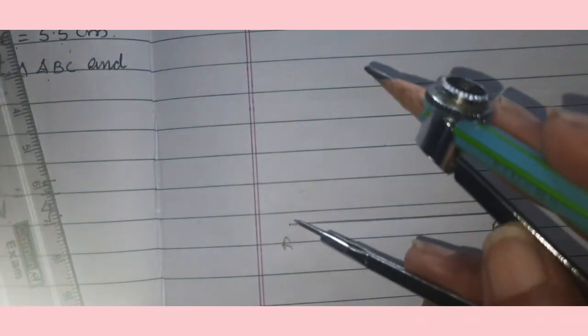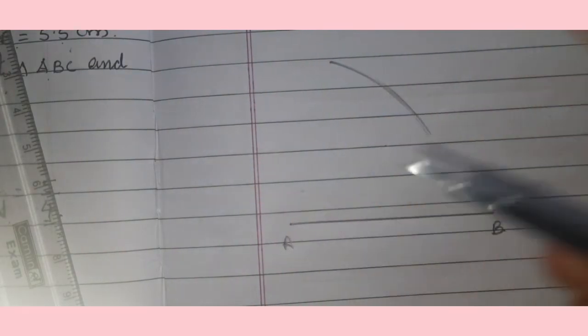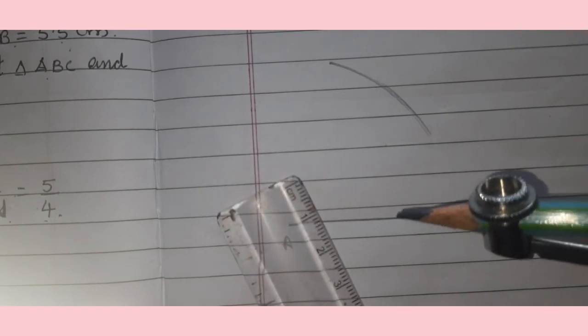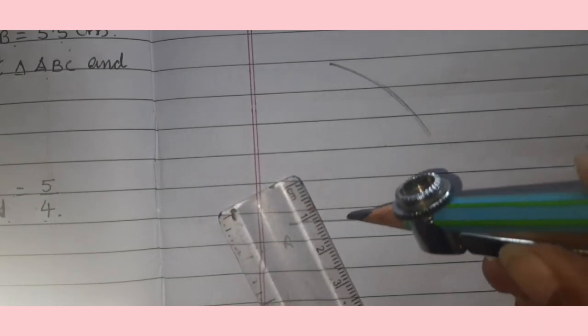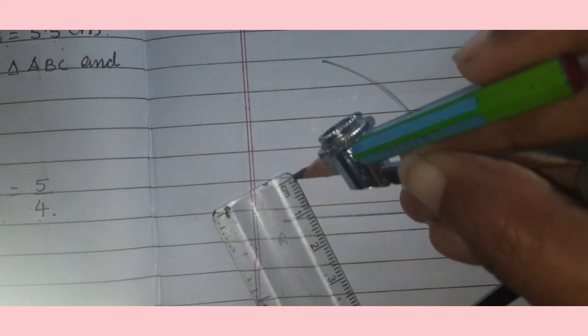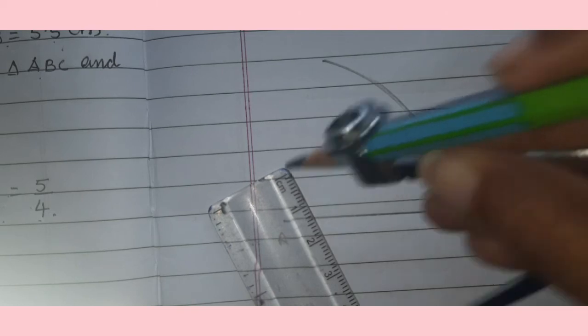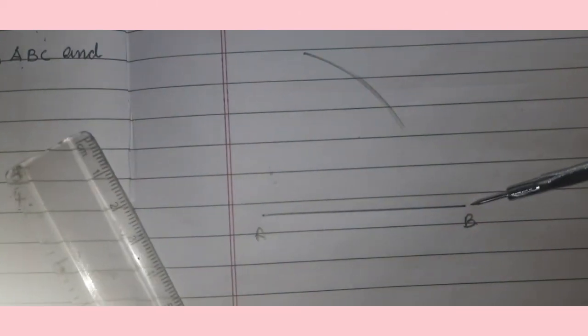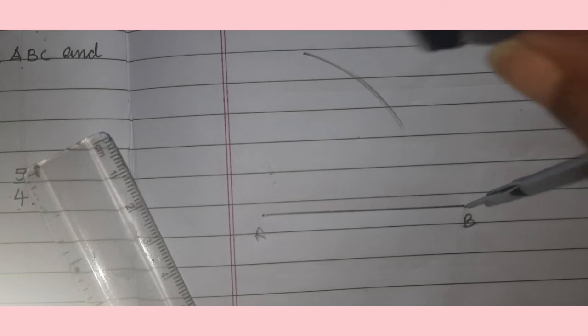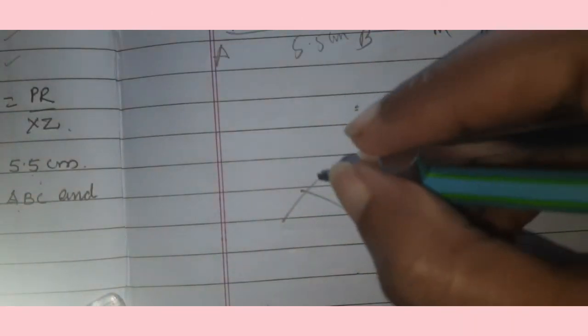Okay. Keep the pointer on A and draw an arc, a little bigger arc. Then 6 centimeter. So with the help of my compass and scale, I'll be taking 6 centimeter in my compass. Now I'll keep the pointer on B and intersect the previous arc. Now the two arcs are intersecting at a point.